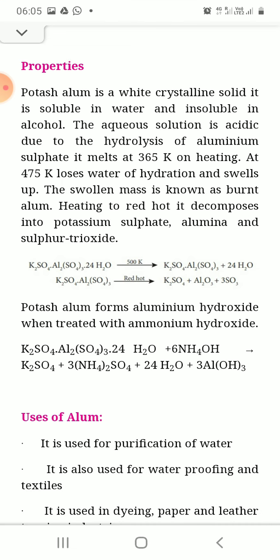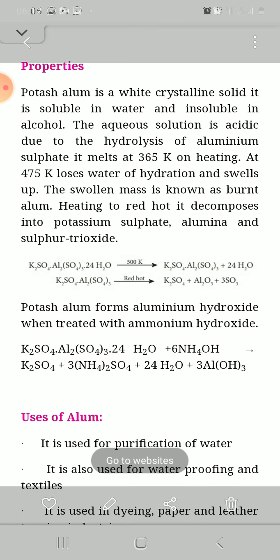Due to the hydrolysis of aluminum sulfate. Hydrolysis means you can add the water, it can be soluble. It melts at 365 Kelvin on heating. Then at 475 Kelvin it loses water of hydration.